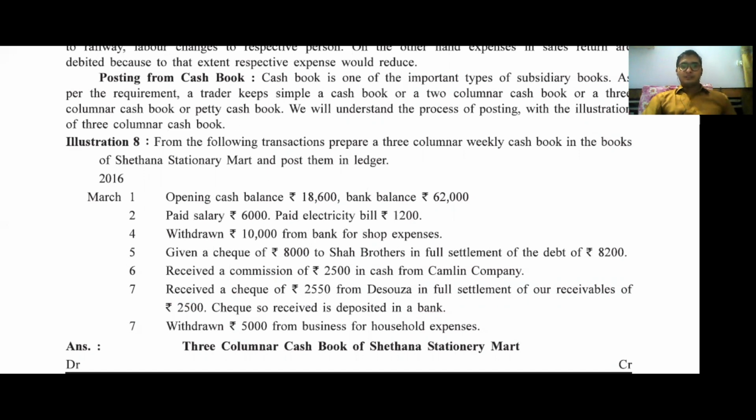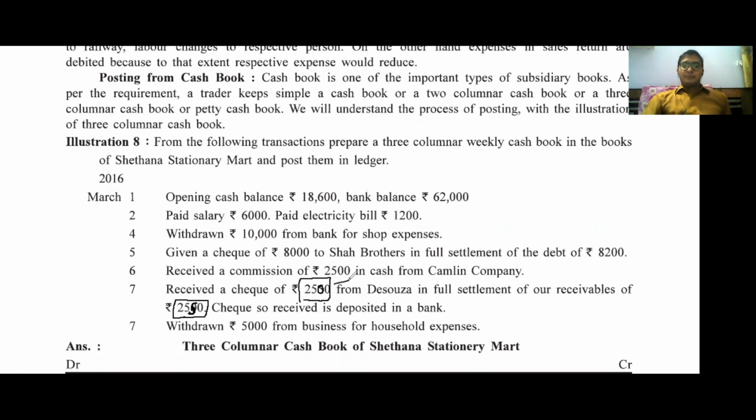here there is a small mistake, that the check is for 2,500 and our receivables are 2,550. Our dues are 2,550, but he gave a check of 2,500.